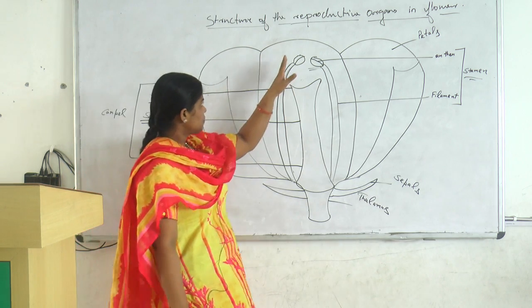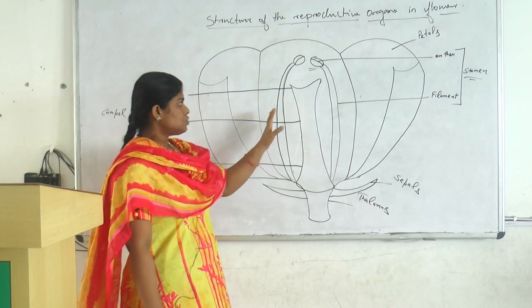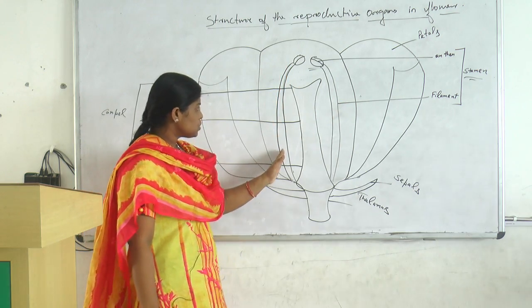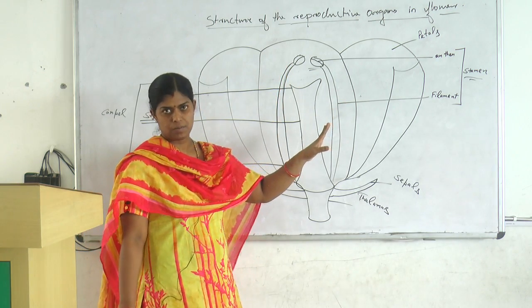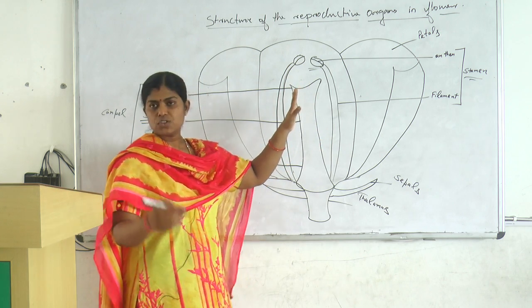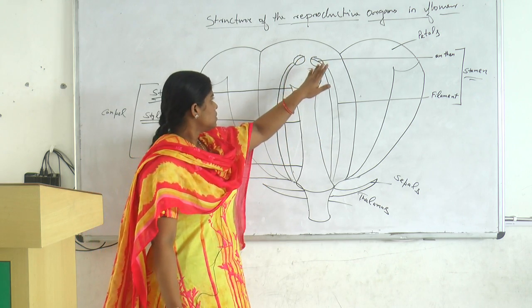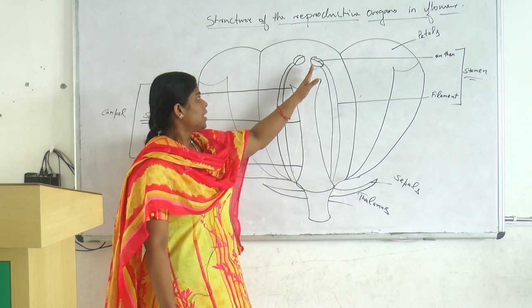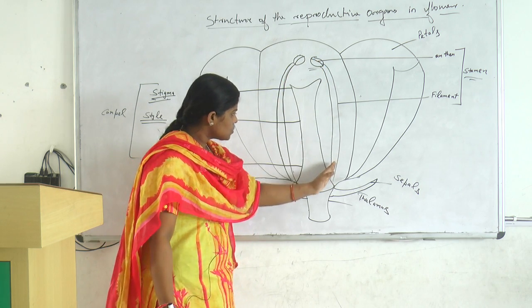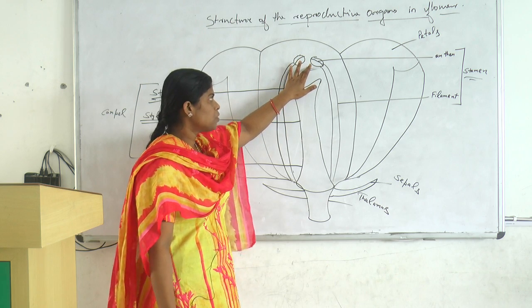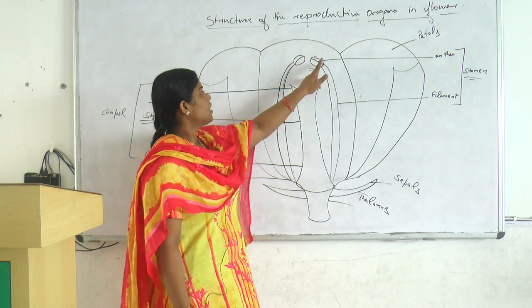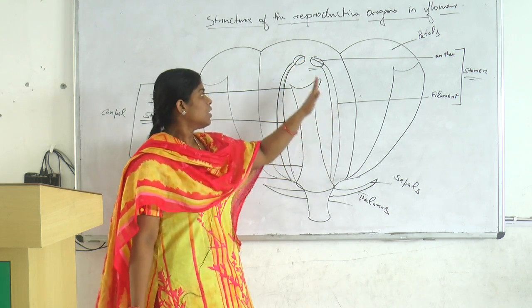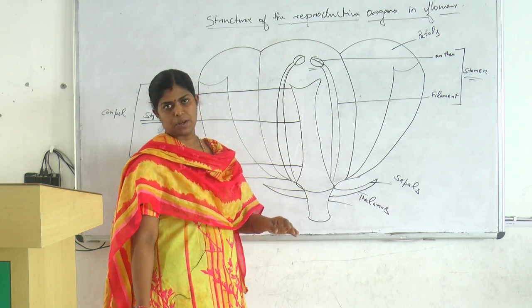So the male reproductive part, we call it the stamen, and it has two main parts. The tip portion, a bulb-like portion, is known as the anther, and it has a filament here, and together we call it the stamen.